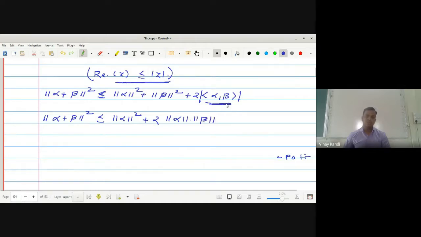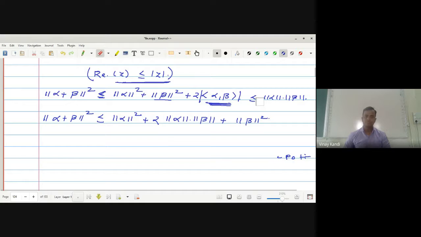The value of this one is less than or equal to a bigger quantity than this: norm of alpha into norm of beta. So there will be no effect on the inequality. Is it correct? Plus this, yes sir, norm square as it is.